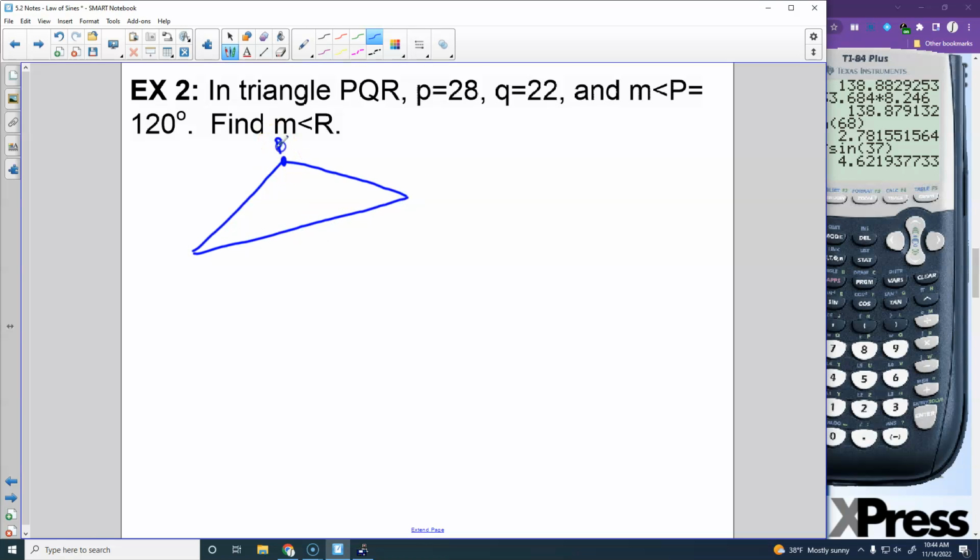Side P is 28, so that's the side across from angle P. Q is 22, so I'm going to put my 22 here. If I put 22 here, then this is vertex Q, and the other one is R. I don't know anything about R.